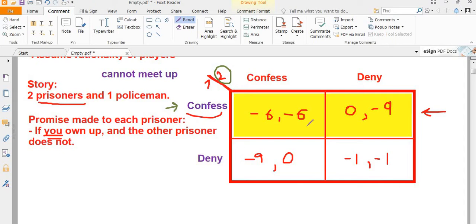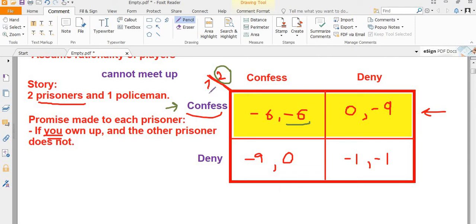This entire analysis is based on the fact that player 1 confesses. If player 1 confesses and I confess as player 2, I get a payoff of -6. As I said in the previous video, the first number represents player 1's payoff.